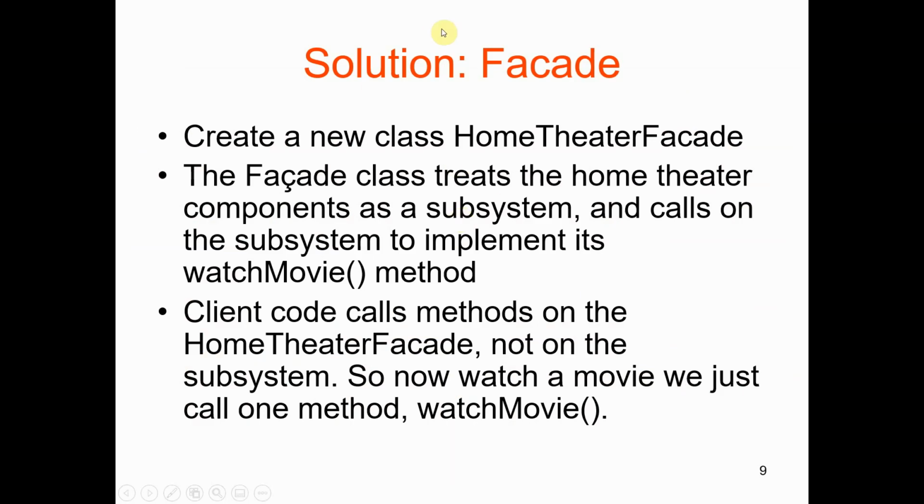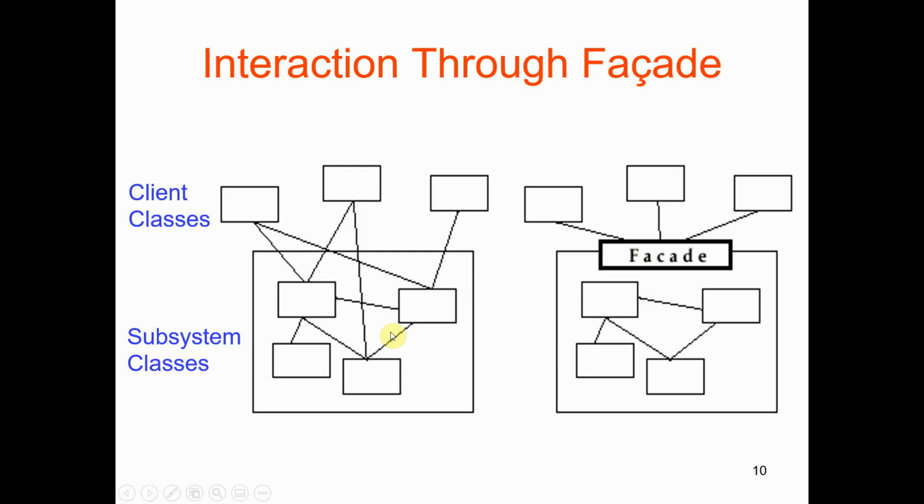So our solution is to create a facade, so that client code just needs to interact with the facade. This shows the difference between using the facade and not using it. On the left-hand side is a client class. Without introducing a facade, it has to interact with the package classes directly.